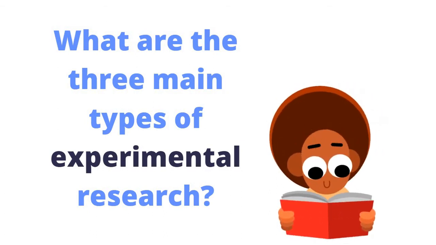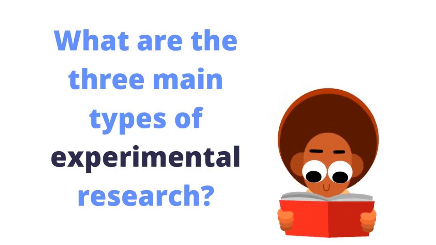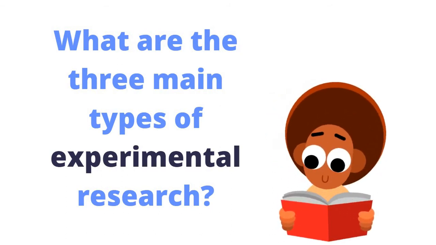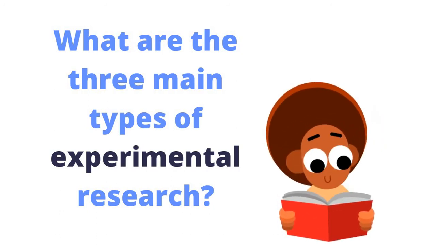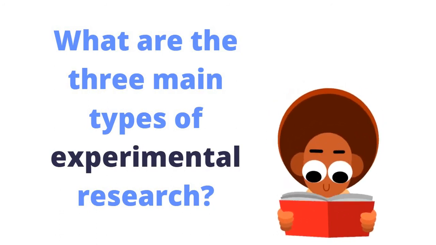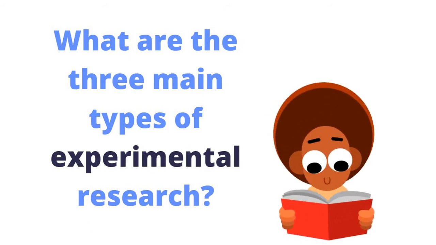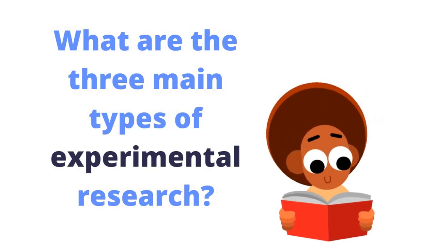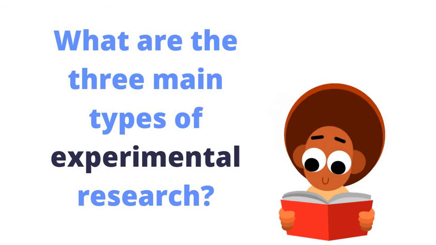So what distinguishes the 3? 1, it would be the randomization process. Sometimes there are types of research wherein randomization is not done. So that would go under pre-experimental and quasi-experimental.